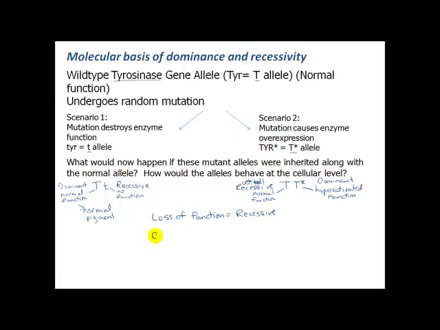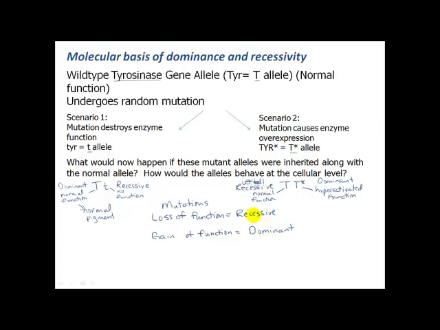On the other hand, when we have a mutation that leads to a new function or overexpression of the normal function, those mutations are typically dominant in the genotype context of being combined with the normal allele. So loss of function or gain of function mutations are associated typically with recessive inheritance patterns and dominant inheritance patterns respectively.